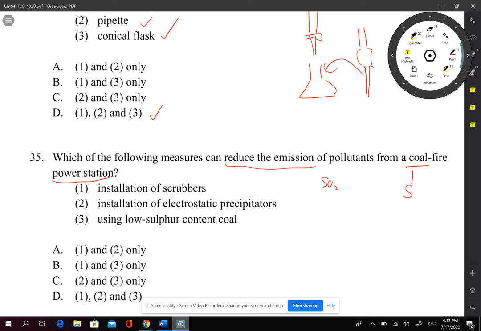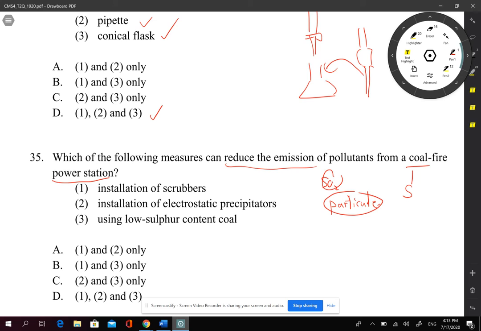And because some of the carbon may not be burned completely, and because of other impurities, they cannot completely burn. They will form some particulates. So only considering these two pollutants, we can find out the answer.